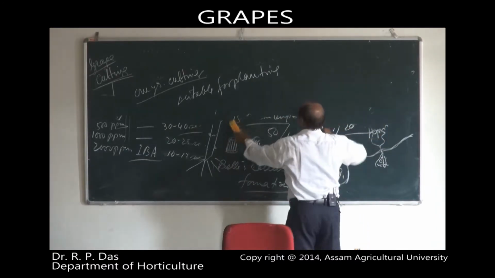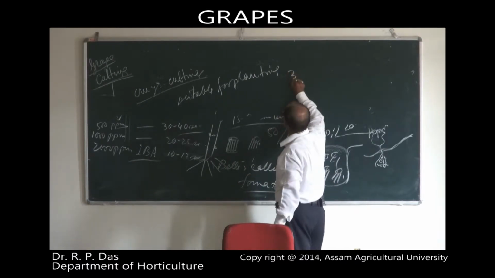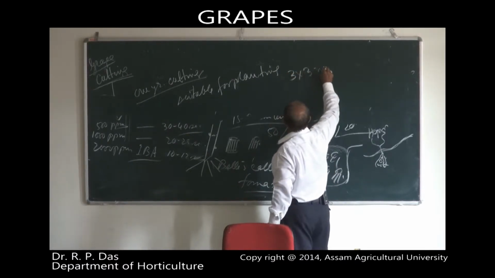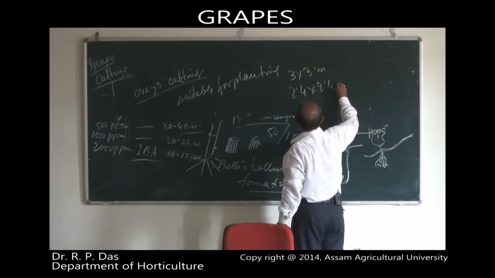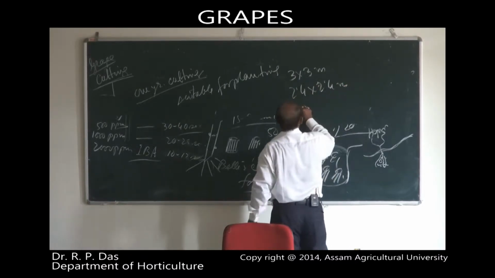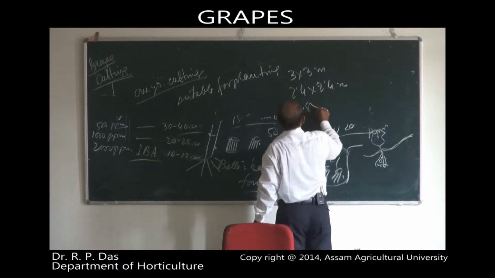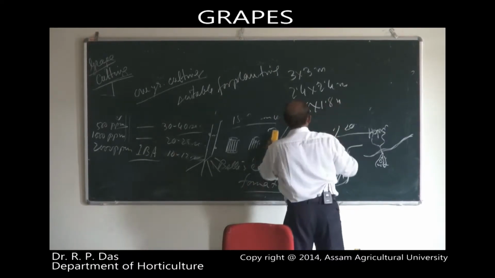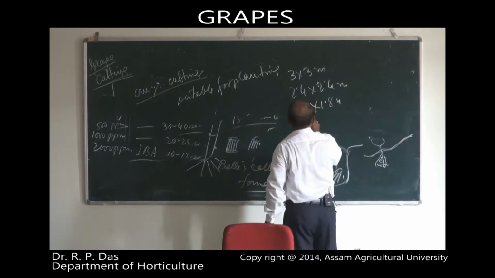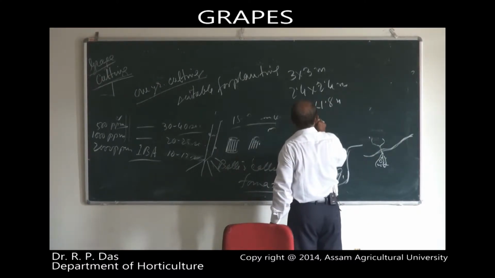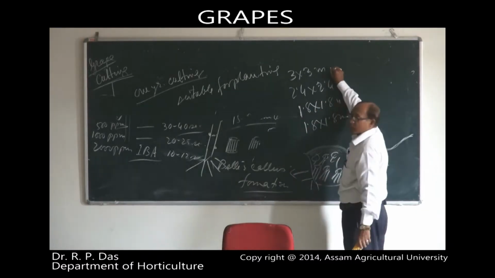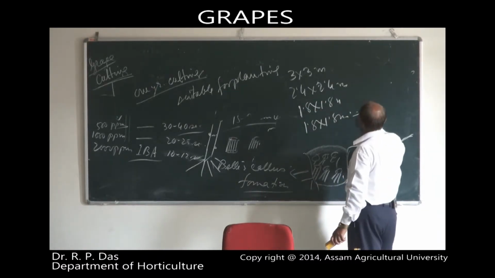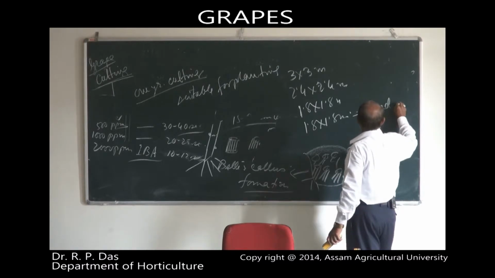So at a spacing of 3 into 3 meter, 2.4 into 2.4 meter, then 1.8 into 1.8 meter. That is in case of hedge system.